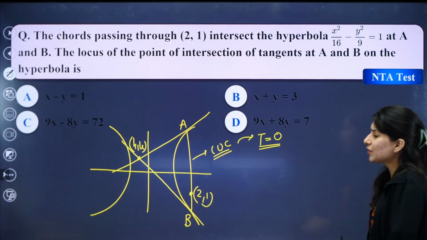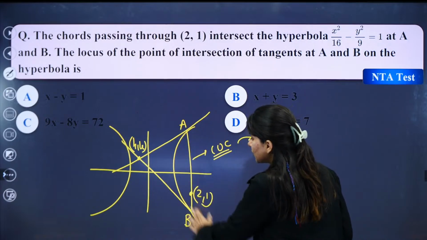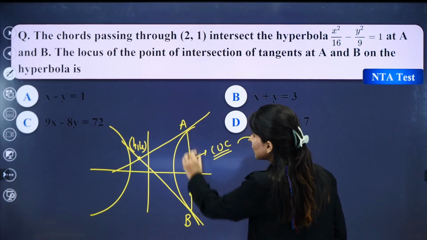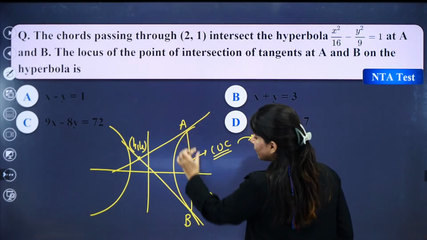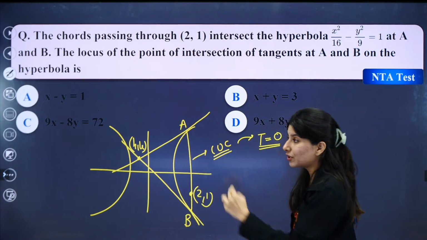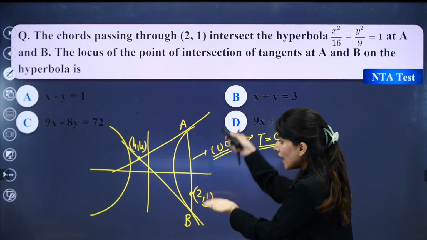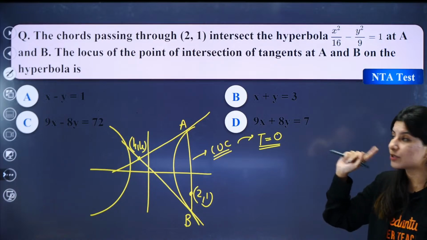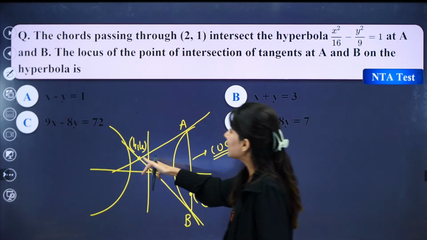Whenever you see an external point and you draw two tangents on a curve, there will be two points of contact, A and B, and from these two points you can draw a chord of contact whose equation is T equals 0 by the point (h, k).